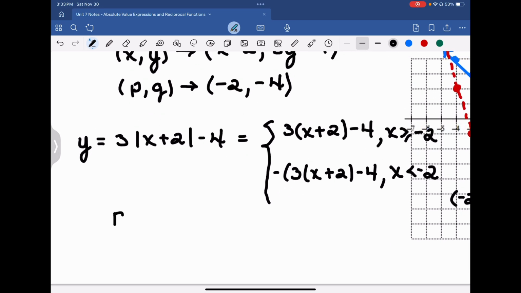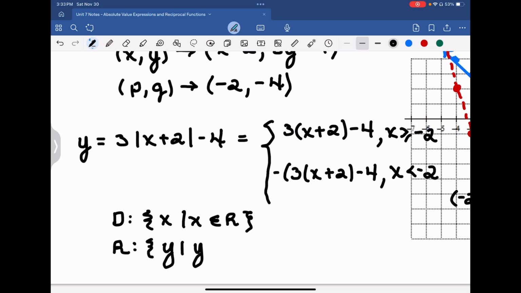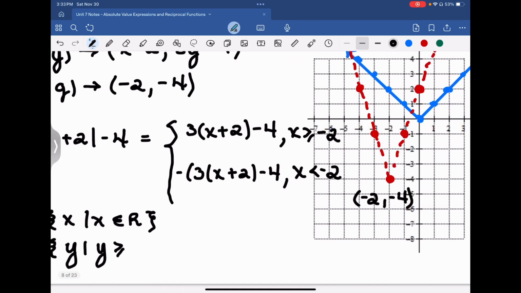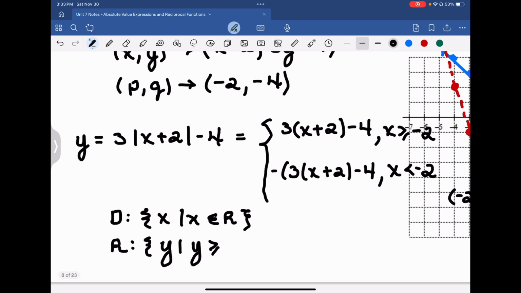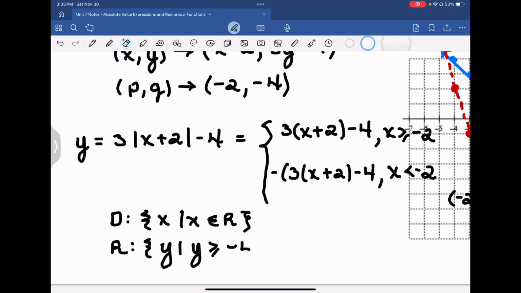Right below, domain, no surprise here: x such that x is an element of the reals. Our range, because there have been some transformations, is y where y is greater than or equal to our lowest value, in this case -4. And once it's past -4, it can be any real number. Y is an element of the reals. Done.